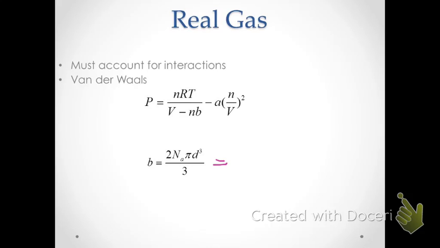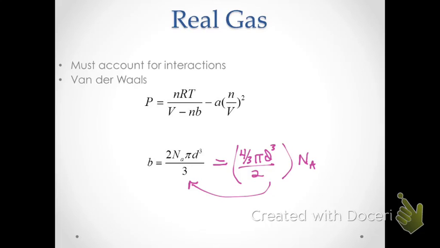Now, if we take that volume per pair of particles, so again that was 4/3 pi d cubed per pair of particles, and multiply that by Avogadro's number, we get this expression here, which represents the volume per mole of particles into which other particles are not allowed to move. That's why it's called the excluded volume. It's a volume that excludes all other particles.